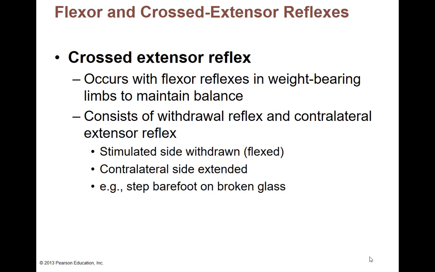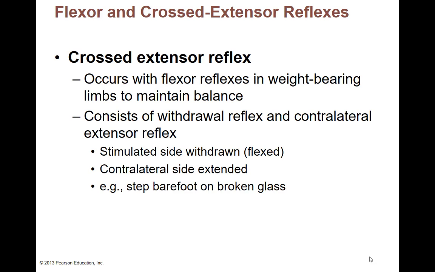The crossed-extensor reflex happens in weight-bearing limbs. So your legs, but it can also happen in your arms. It consists of a withdrawal reflex and a crossed-extensor reflex. So one part of either your leg or your arm is going to flex, and the other leg or arm is going to extend. This also usually happens with some type of pain stimulus, and the stimulated side will pull away.